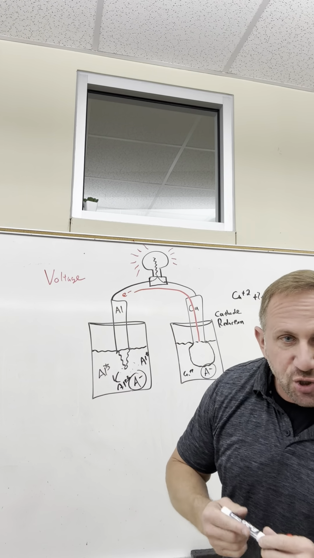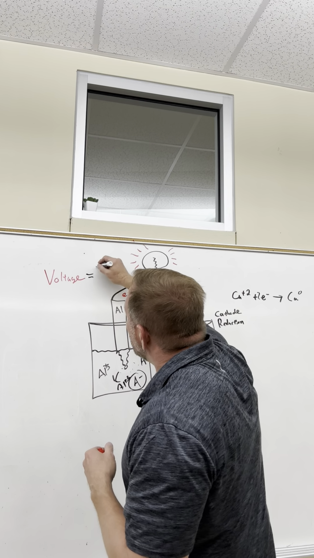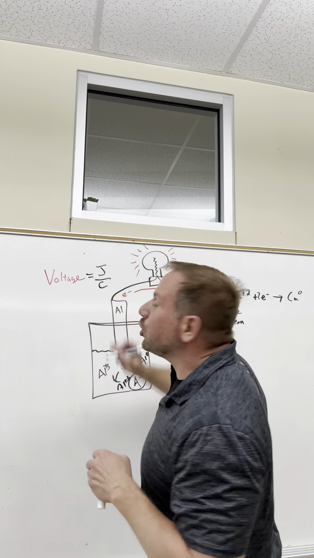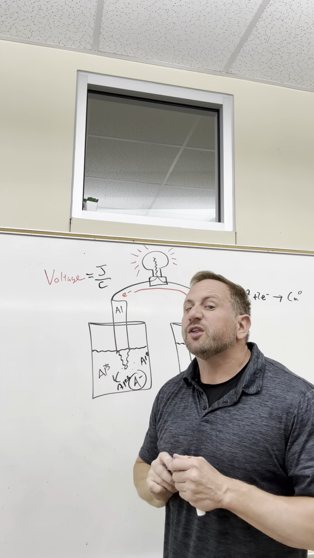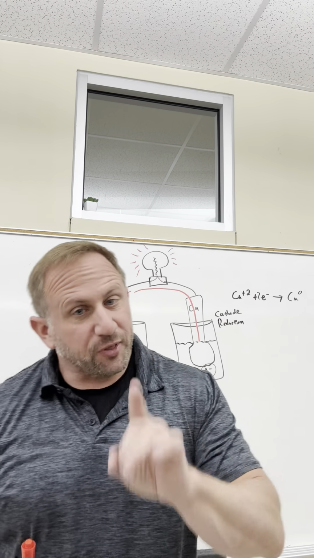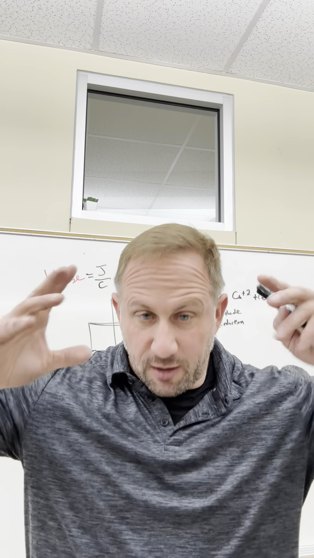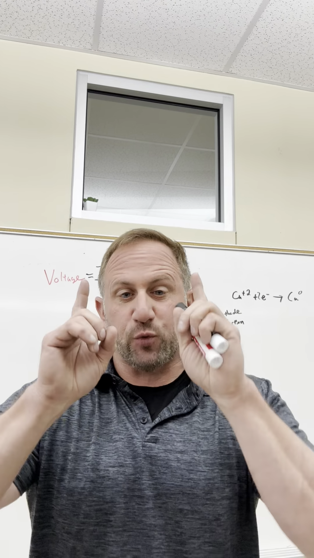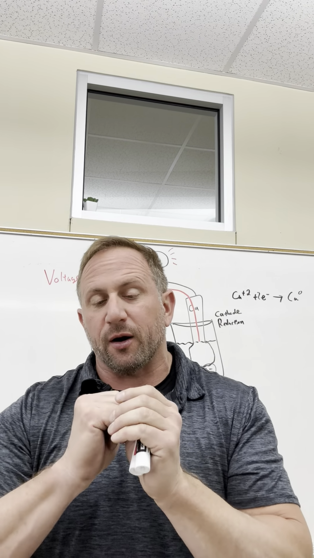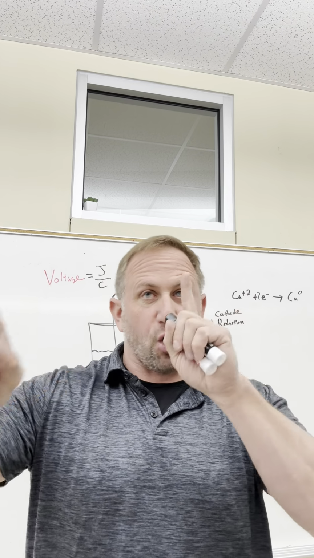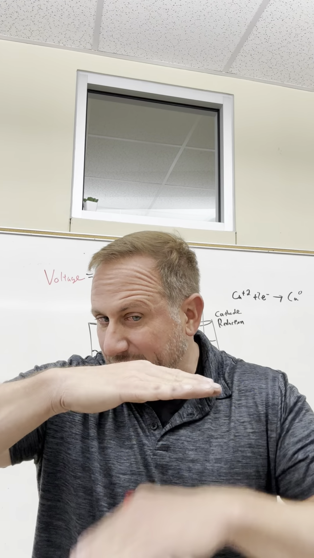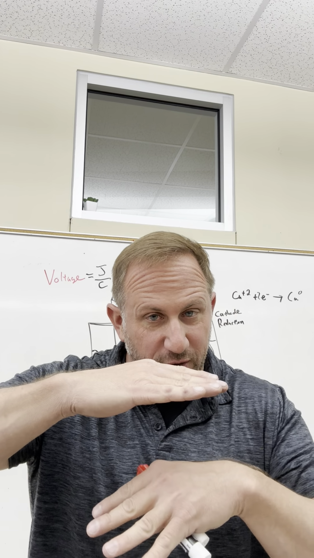Voltage is measured in joules per coulomb. We're going to come back to this. If you remember, Coulomb's law said that the attractive force between two charges, Q1 Q2 over r squared, is directly proportional to the charges, positive and negative, divided by the radius, how far apart they are from each other.